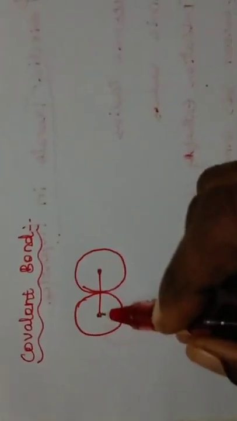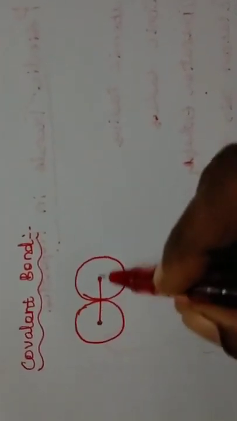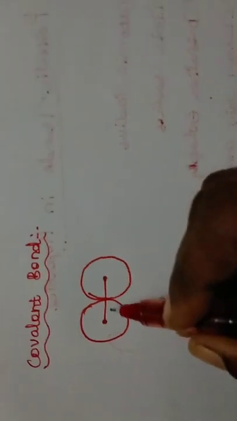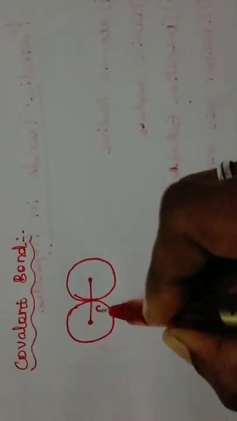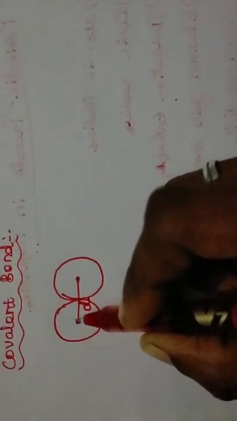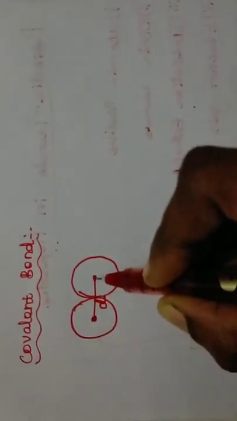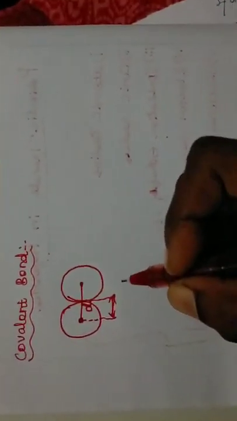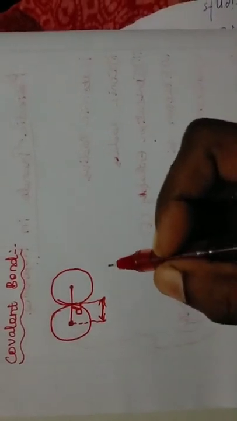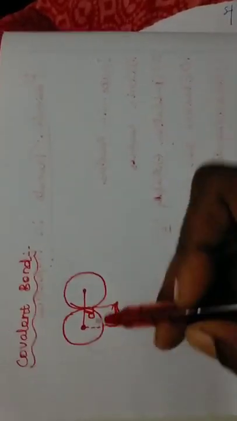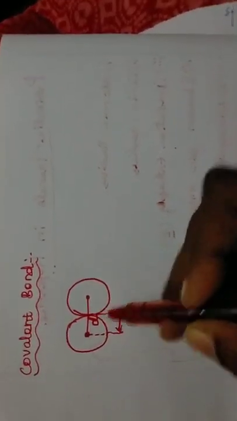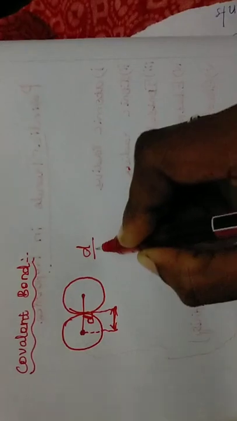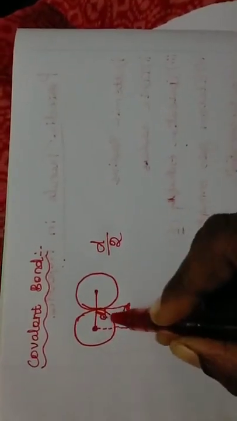Okay, so now the distance between one nucleus to the another nucleus is generally known as D. What is D? Distance between first nucleus to the second nucleus. Okay, this is D. Then it's 1/2 of the internuclear distance. So the internuclear distance is D. So D divided by 2. That means 1/2.